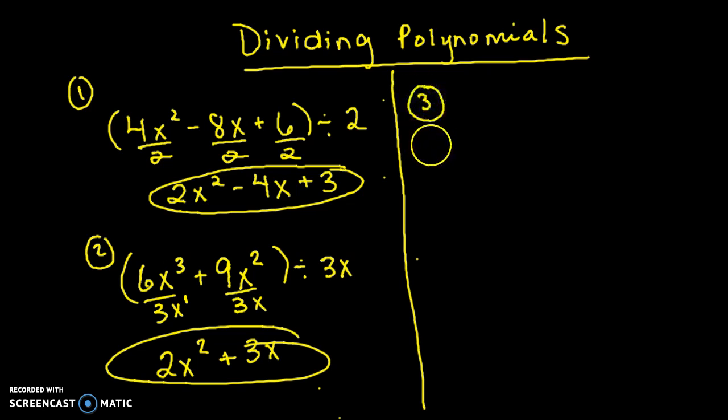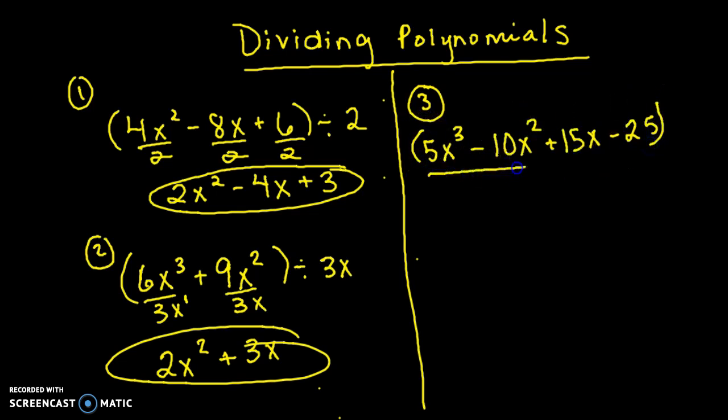So say I had 5x to the third power minus 10x squared, plus 15x minus 25, and I want to take all of that and divide it by, say, 5x.